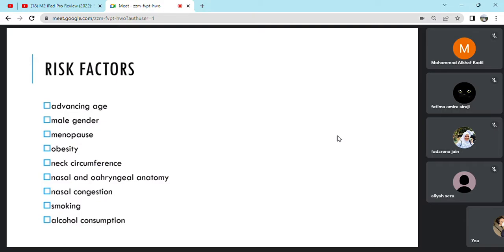What are the different risk factors in the development of this condition? Well, advancing age, no? So we know that once you age, definitely. However, let me remind you again that OSA is not just seen in adult patients, because I mentioned a while ago that pediatric patients also have obstructive sleep apnea.